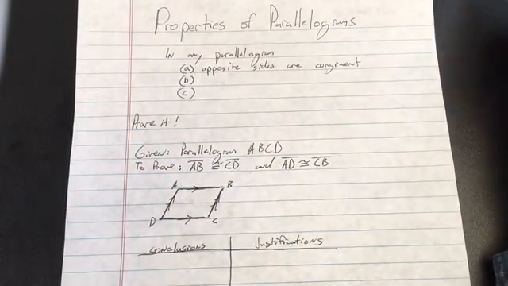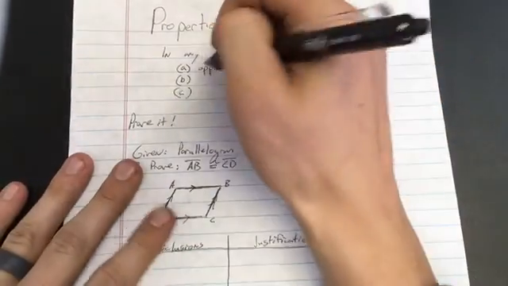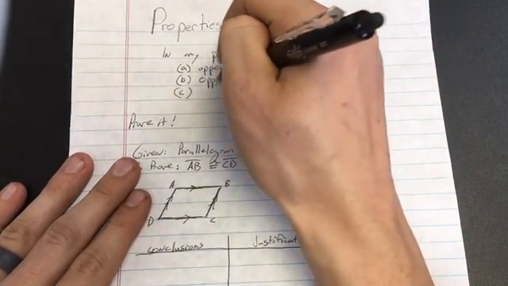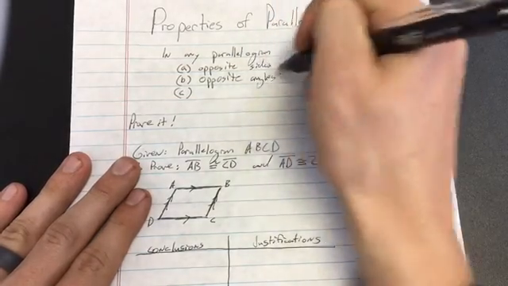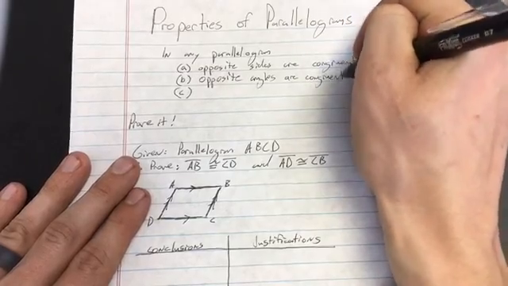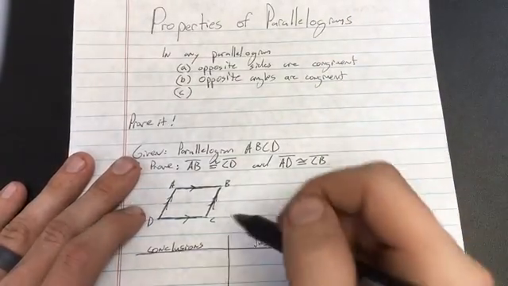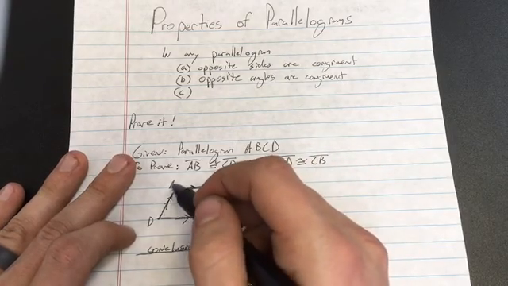The second thing the properties of parallelogram theorem says is that opposite angles are congruent. So this angle, ABC, is an opposite angle to angle ADC.